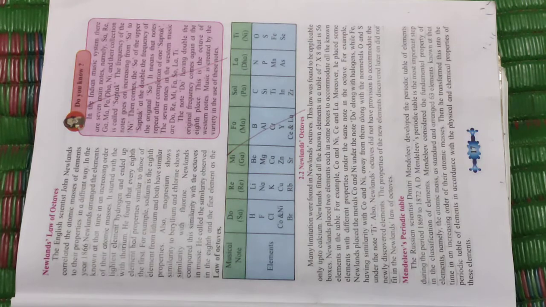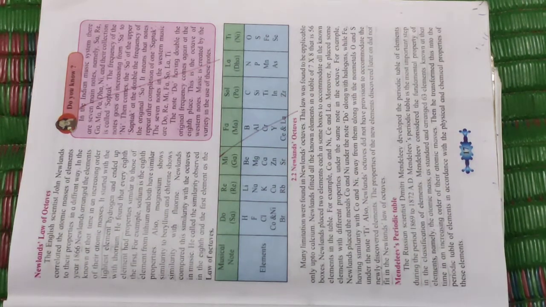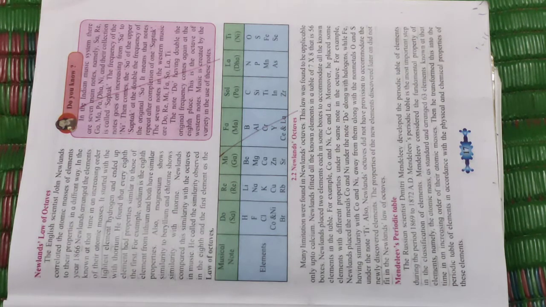The next classification was given by Mendeleev. Mendeleev's classification is very important, because it was the first systematic classification of elements, and the table he arranged has a lot of significance. Today's modern periodic table is based on his classification. Students, what did he do?